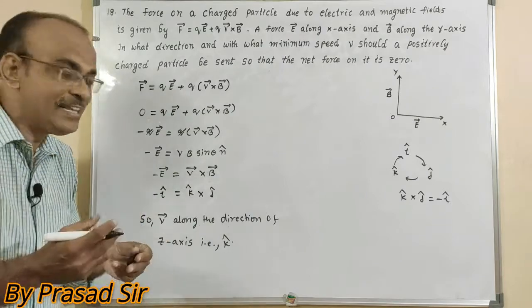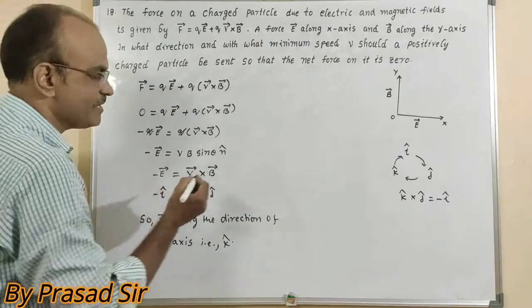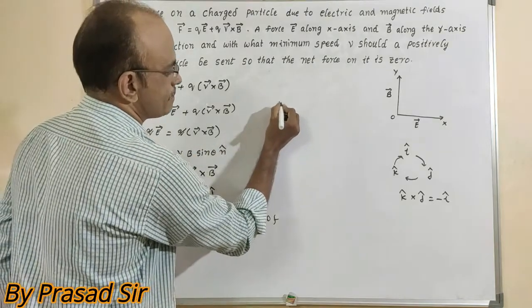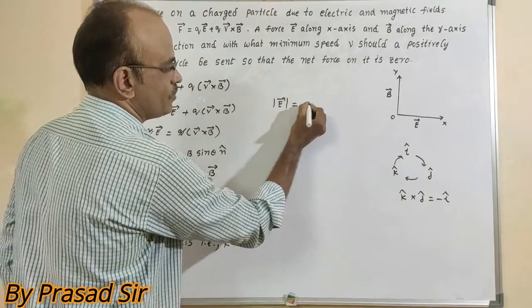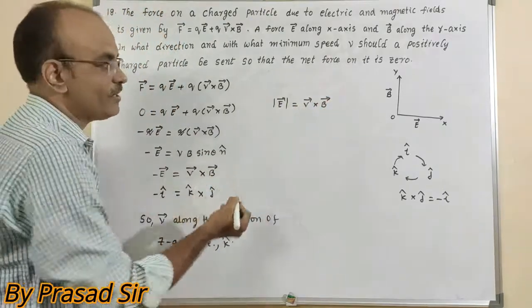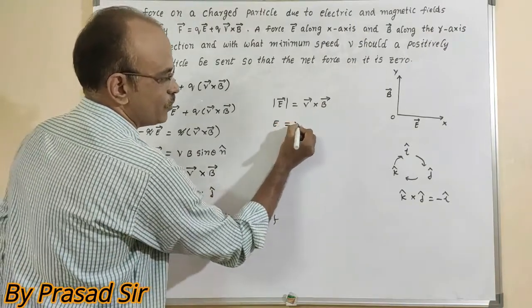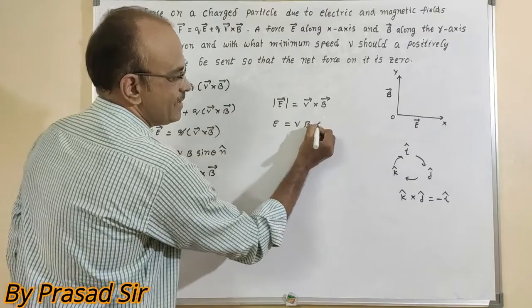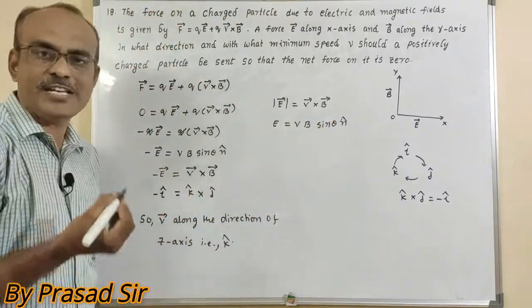Now we want to find the magnitude of the V vector. The magnitude is from V vector cross B vector. Remember, this is E equal to V B sine theta, and the unit vector direction n cap.